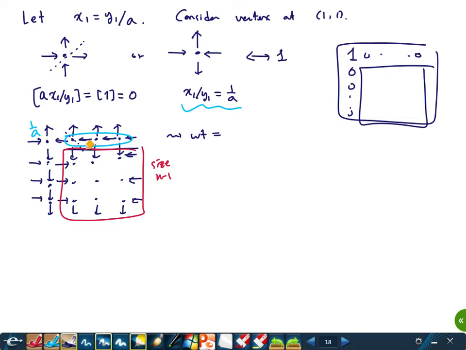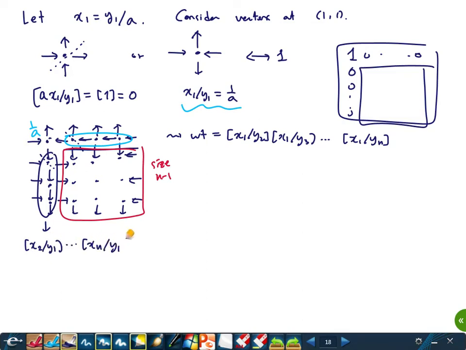So Z, bracket Z. So it's going to be x1 over y2, because this is in the 1, 2 position, x1 over y3, x1 over yn. What is the weight over here? They are in this direction, so it's AZ. Oh no, same, just Z. The weight is x2 over y1, xn over y1, right? Depending on their position.